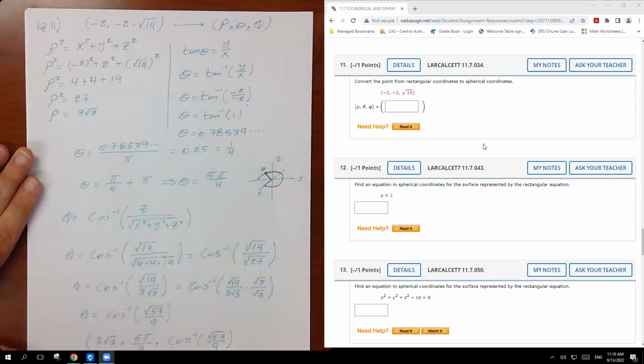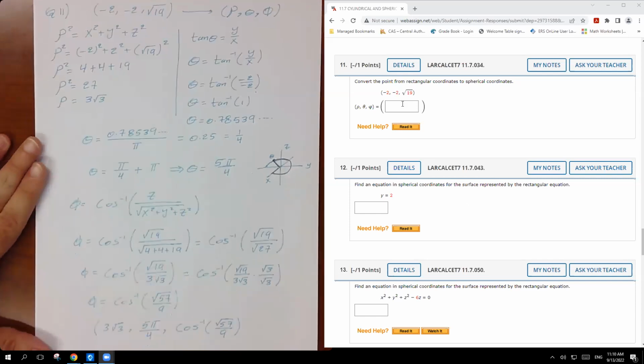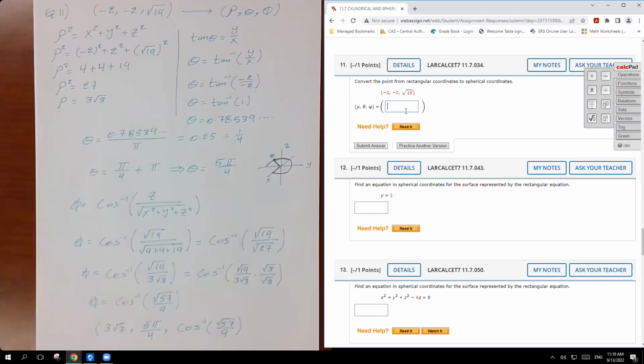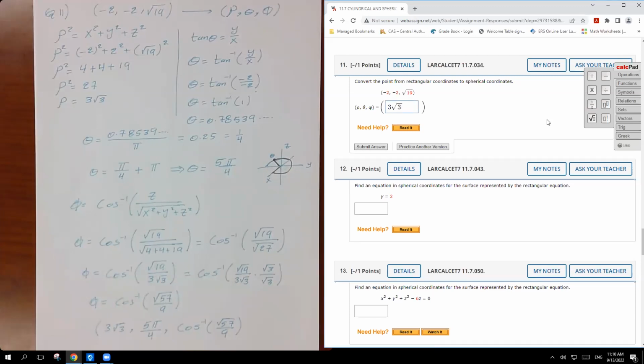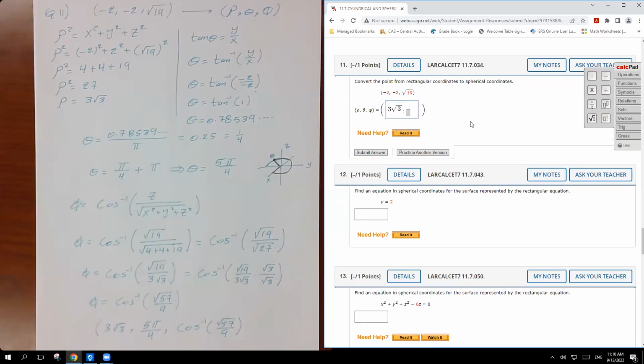So let's check this one. We're going to say it's 3 square root of 3, comma, and the second one is 5 pi over 4. And the last one, comma, is going to be cosine inverse.